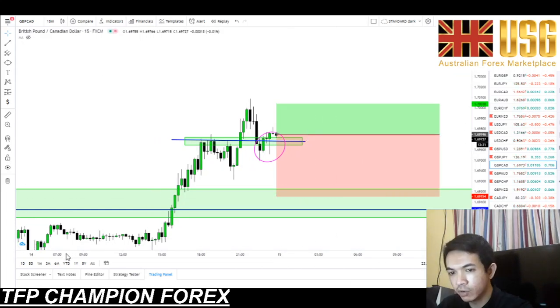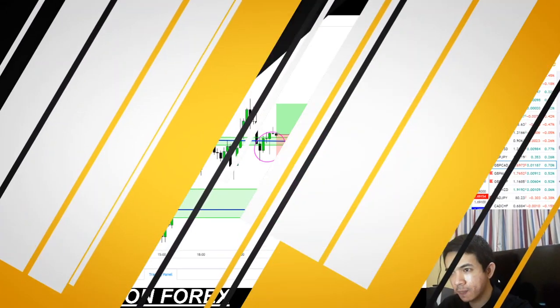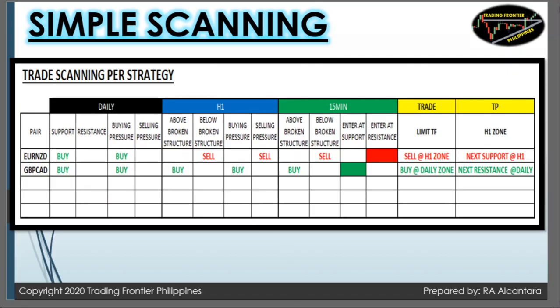So going back to our table again, the 15-minute time frame showed me that it broke structure, previous resistance becomes new support, and this table is showing me that I should enter at support. So I am now at support provided the candlestick formation with buying pressure candles or pin bars. So definitely if I would take the trade, I would take a buy trade.